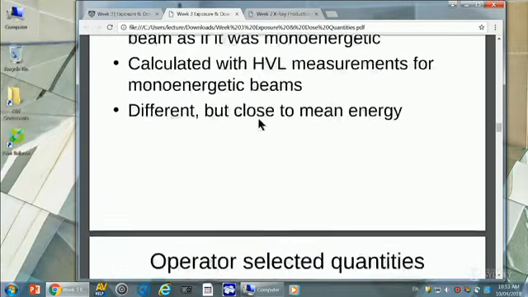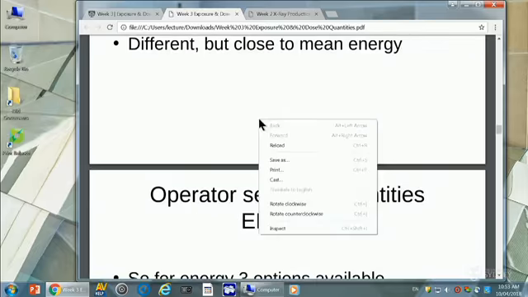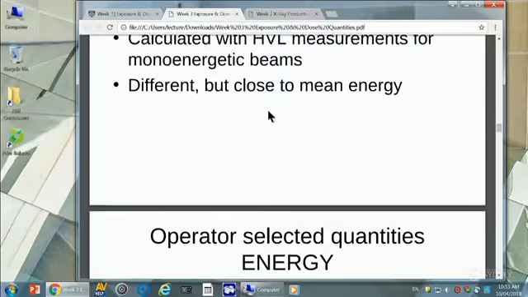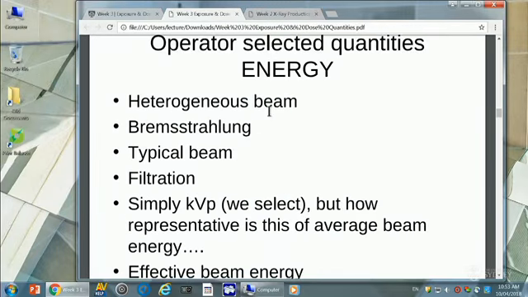I'm just going to get this energy MAS out of the way because you know all this already. Although there's one thing we have to do. You know it's a heterogeneous beam. You know about Bremsstrahlung. You can draw the typical beam. We've done this many, many times. You can talk about filtration. We often talk about KVP. As I keep telling you, KVP is really a very poor indicator of what's going on in the beam.